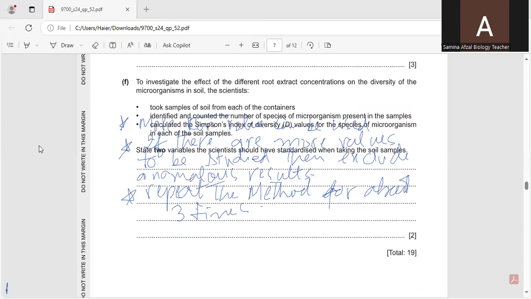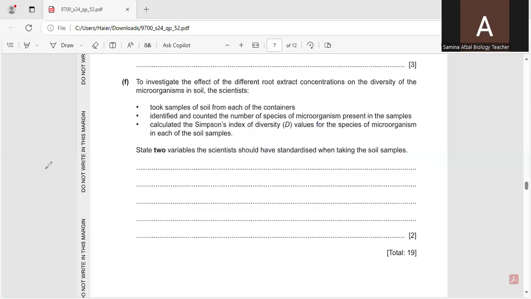Next question is to investigate the effect of the different root extract concentrations on the diversity of microorganisms in the soil. The scientists took samples of soil from each of the containers, identified and counted the number of species of microorganisms present in the samples, and calculated the Simpson's index of diversity values for the species of microorganisms in each of the soil samples.